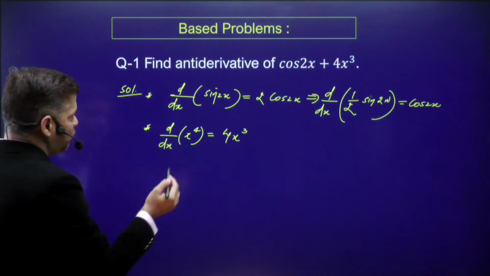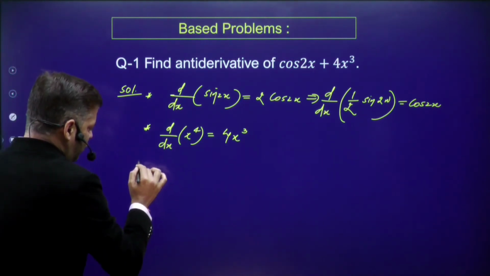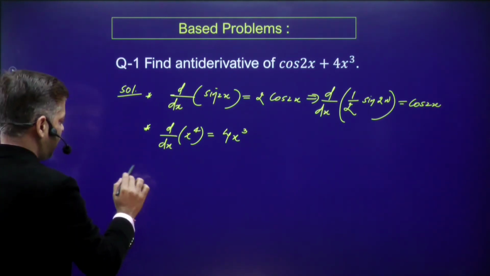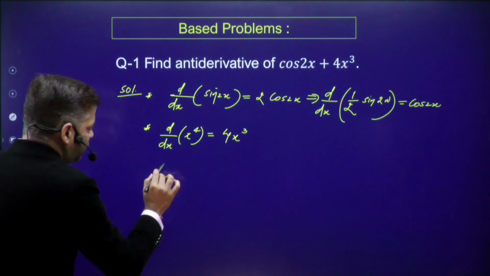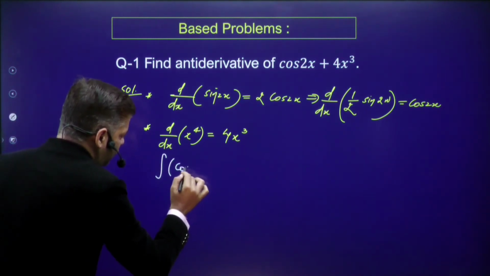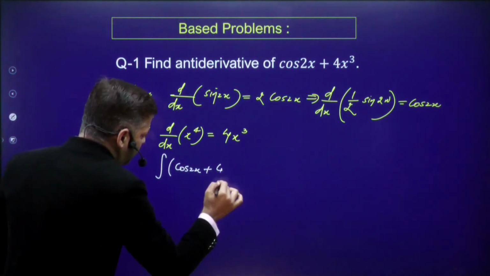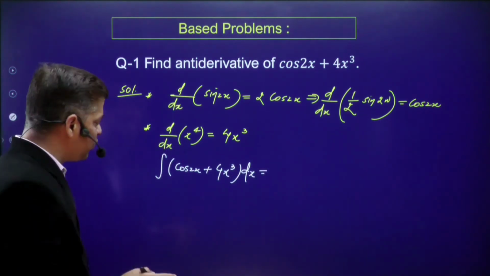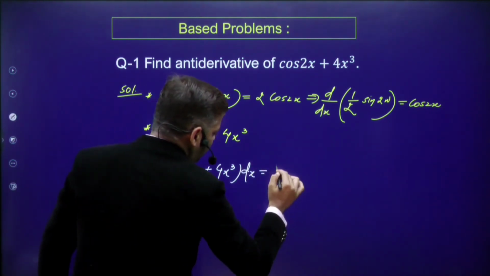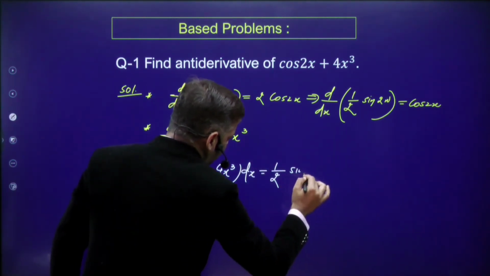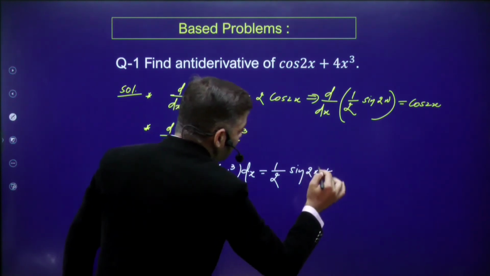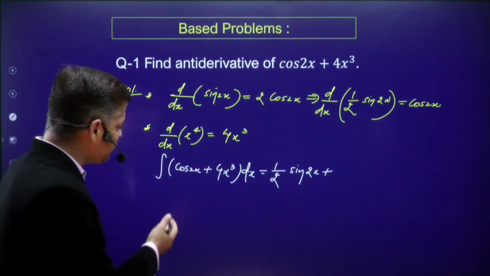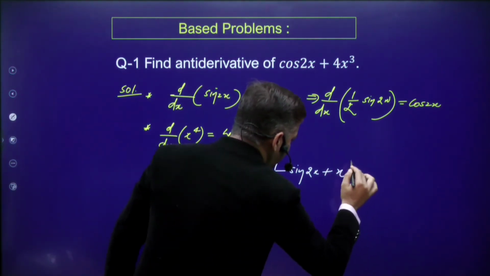Now we can combine both of them and apply the symbol of integration: integration of cos 2x plus 4x cube dx will be equal to 1 upon 2 sin 2x plus x raised to the power 4 plus c.